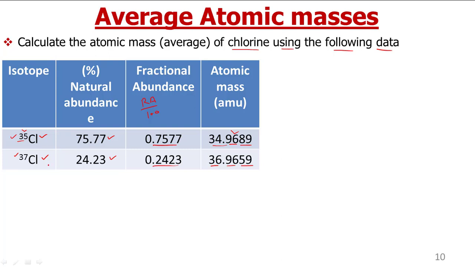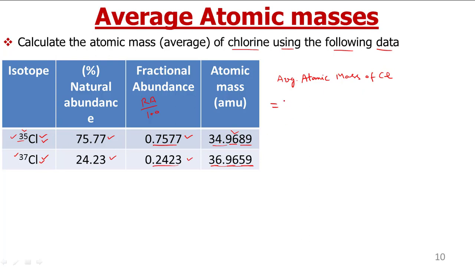Similarly, chlorine-37 has an atomic mass of 36.965. Let us calculate the average atomic mass. The average atomic mass of chlorine is equal to the mass of this isotope into its fractional abundance plus the mass of this isotope into its fractional abundance.